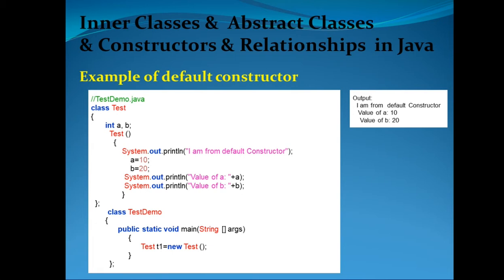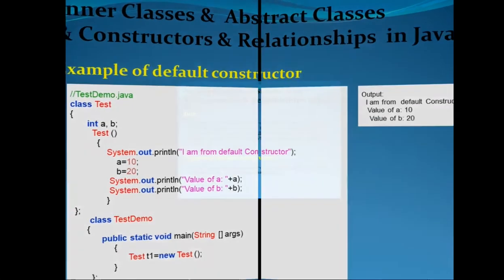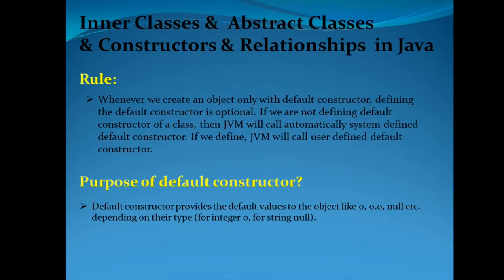After that we print those values a and b, and we create the object of the Test class, that is t1, and then here is the output of this example. It is: I am from the default constructor, value of a equals 10 and value of b equals 20. So when the object is created, the constructor is automatically called. That's why the output is so.